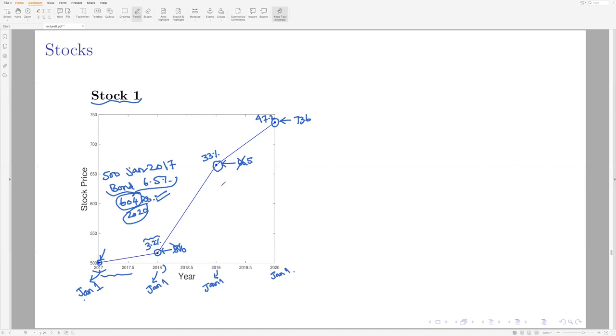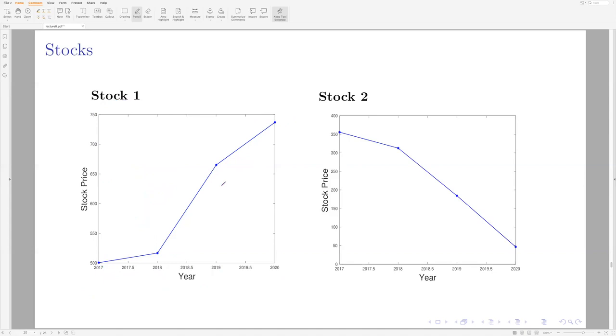You can in fact see another example. This is another stock. Again, I have taken the data from the NSE for the other stock, where I'm again plotting the stock price yearly. In 2017, the stock was at 350, and in 2018, it came to around 312.